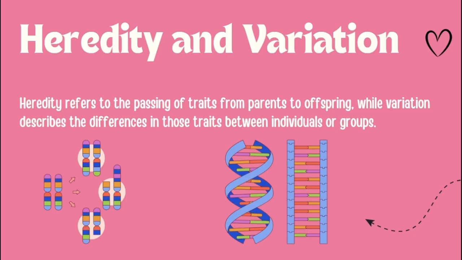It makes them less susceptible to diseases. It helps them to live longer because they're different and they're able to adapt to the environment differently, right? So that's the main difference between hereditary and variation. But overall, these two concepts help us understand how traits are passed on from the parents to the offspring.